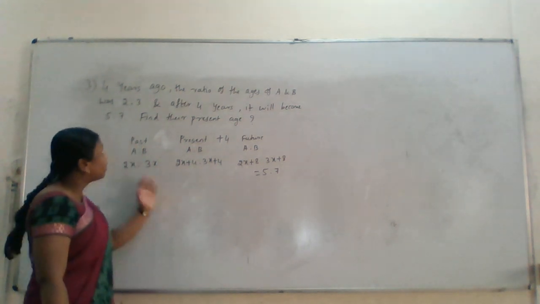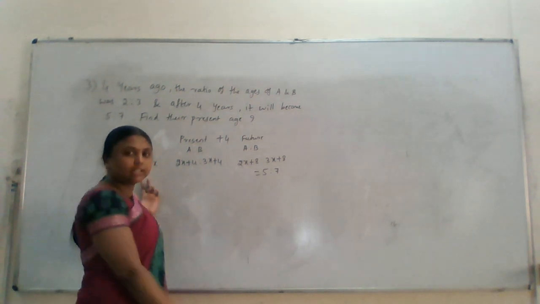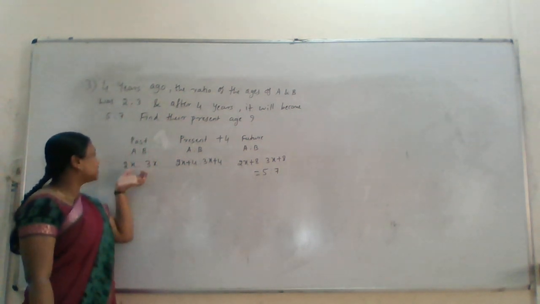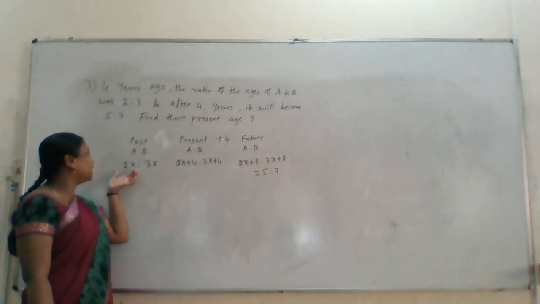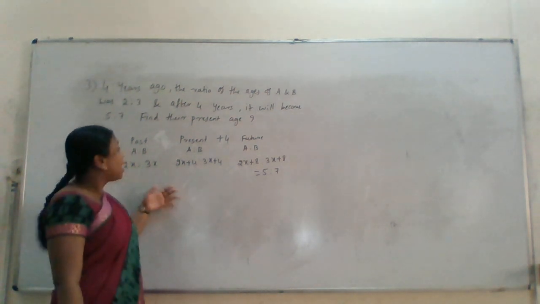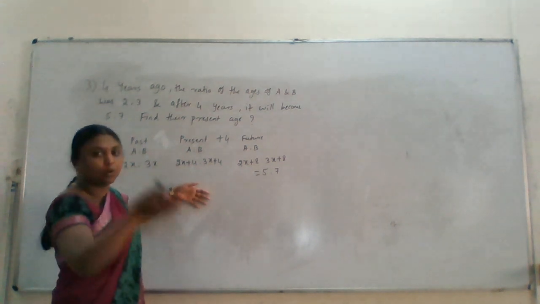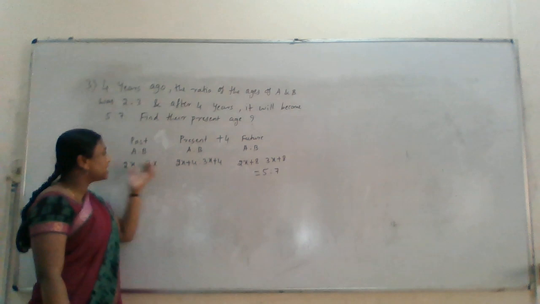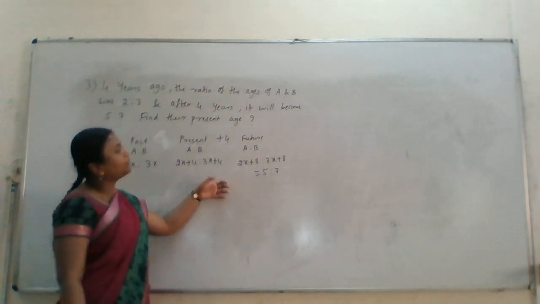Understand it carefully. Four years ago is the past, so the past age of A is to B is 2x is to 3x. The present age is plus 4 years: 2x plus 4 is to 3x plus 4.